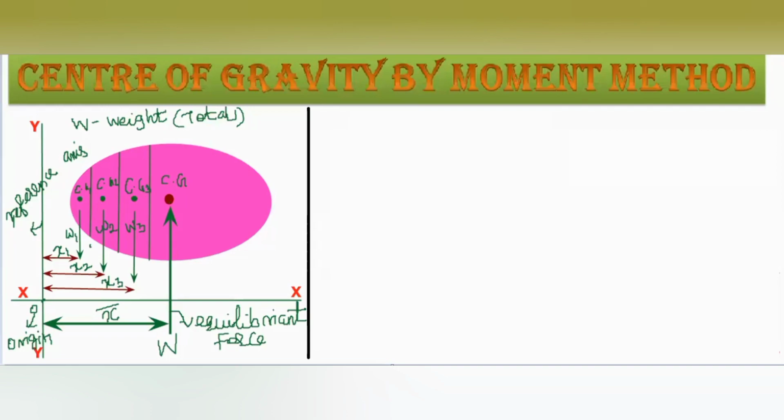So finally, we can conclude it as, for masses, when you have to consider the masses, x bar equals m1 x1 plus m2 x2 plus m3 x3 divided by m1 plus m2 plus m3.